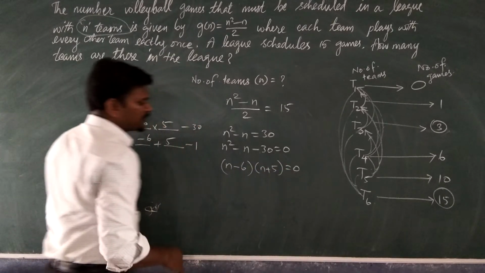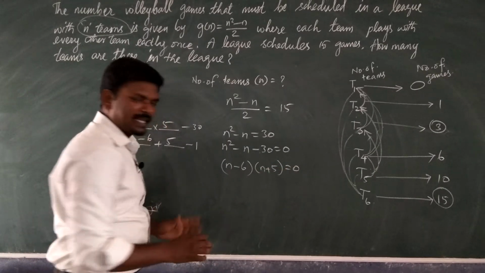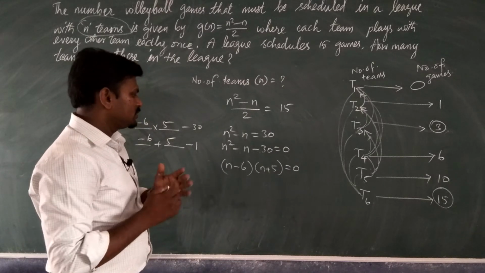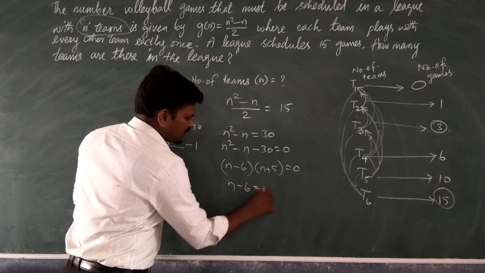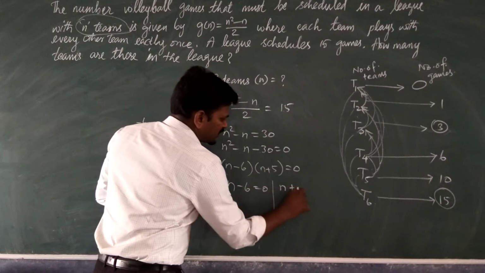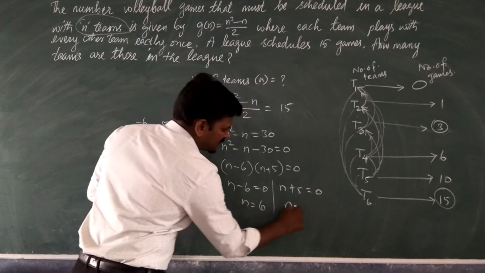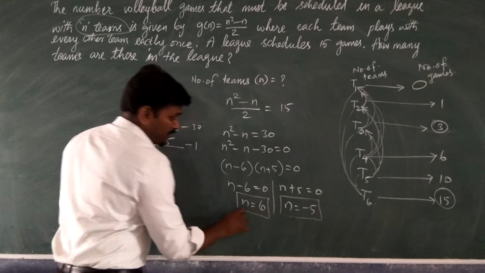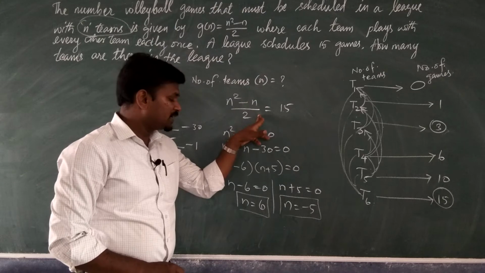If the product of these two terms is 0, any one of the terms must be 0, or both the terms may be 0. So n − 6 = 0 or n + 5 = 0. So n = 6 or n = −5. These are the two values which satisfy this quadratic equation.